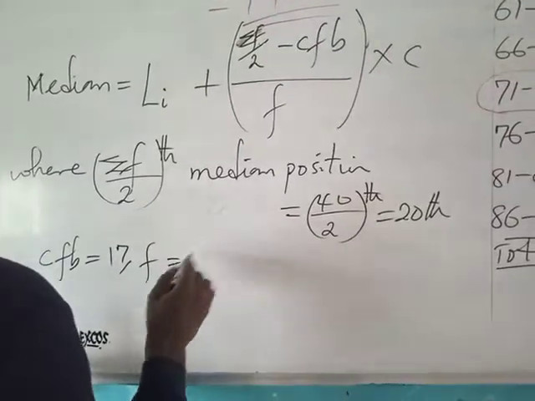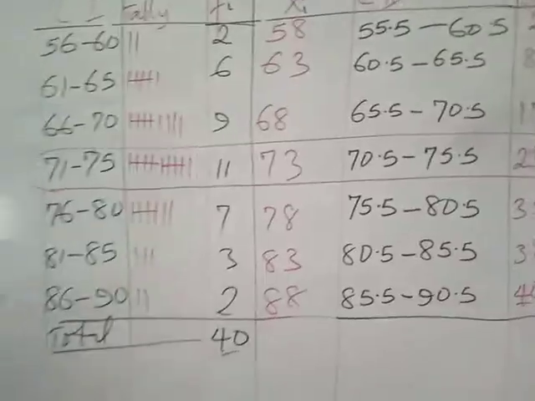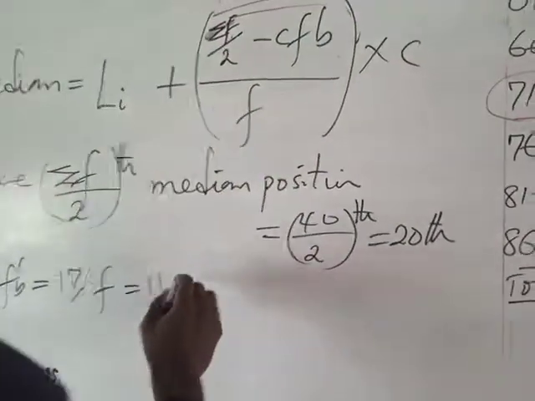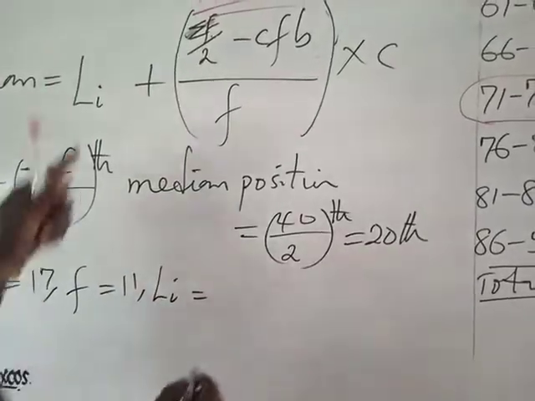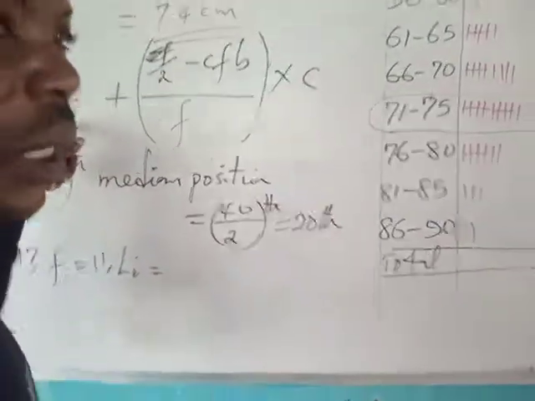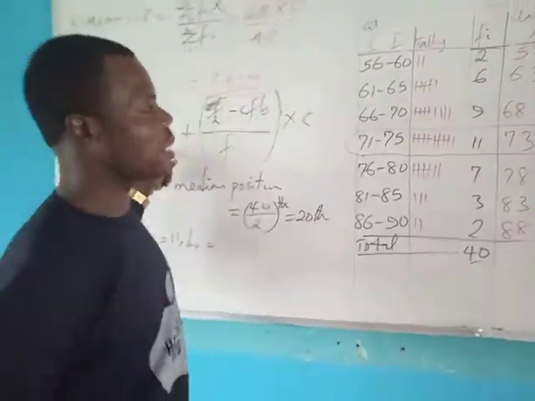Then F, that's the frequency of the median class, which is 11. And Li, that is the lower class boundary of the median class.